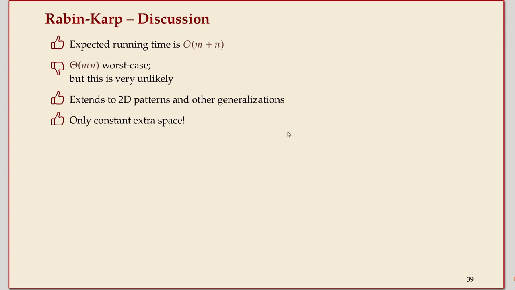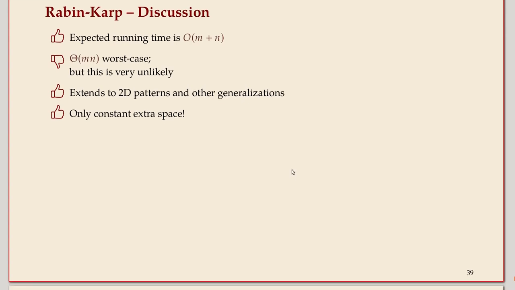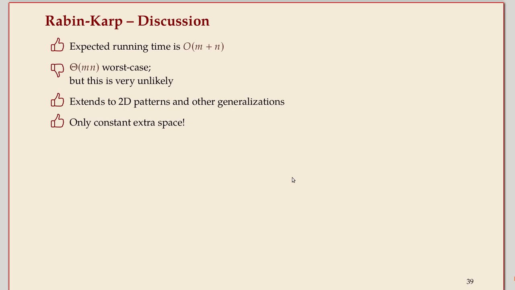And it has other benefits in that this idea of hashing is very, very general. It doesn't only apply to this subword of the text. You can also do that if you're looking for patterns in an image, say. If you have a 2D text, all the other methods are not so easy to generalize, but Rabin-Karp would work.